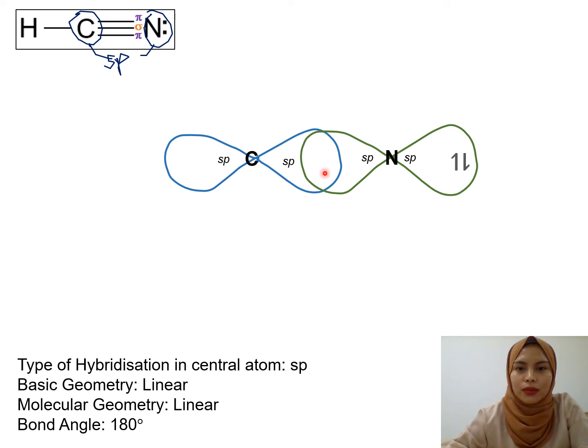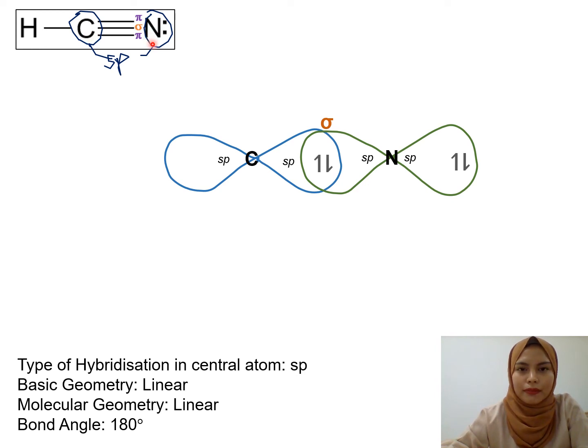Okay, so bila diorang buat overlap end to end, maka mereka akan share sepasang elektron, and then I will label this overlap as sigma overlap untuk represent the sigma bond between this carbon dan juga nitrogen.